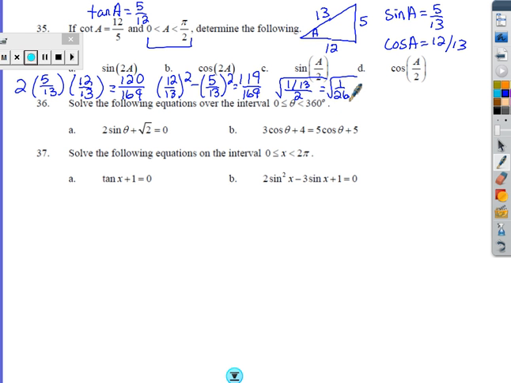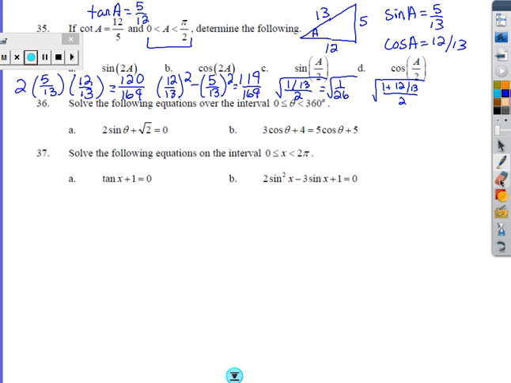Now next, for cosine of theta over 2, when I have cosine theta over 2, I add 1 plus cosine theta. So this time we're going to do almost the same thing as last time, except we're going to add 1 plus 12 over 13, over 2. And when I add together 1 plus 12 over 13, I want to change 1 into 13 over 13.